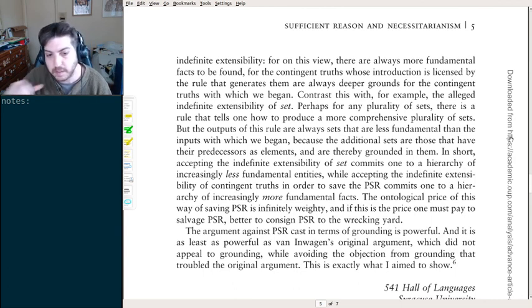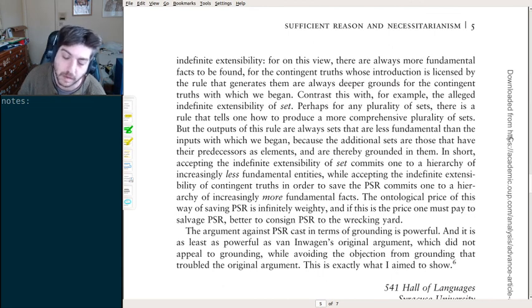In short, accepting the indefinite extensibility of set commits one to a hierarchy of increasingly less fundamental entities, while accepting the indefinite extensibility of contingent truths in order to save the PSR commits one to a hierarchy of increasingly more fundamental facts. The ontological price of this way of saving PSR is infinitely weighty, and if this is the price one must pay to salvage PSR, better to consign PSR to the wrecking yard.